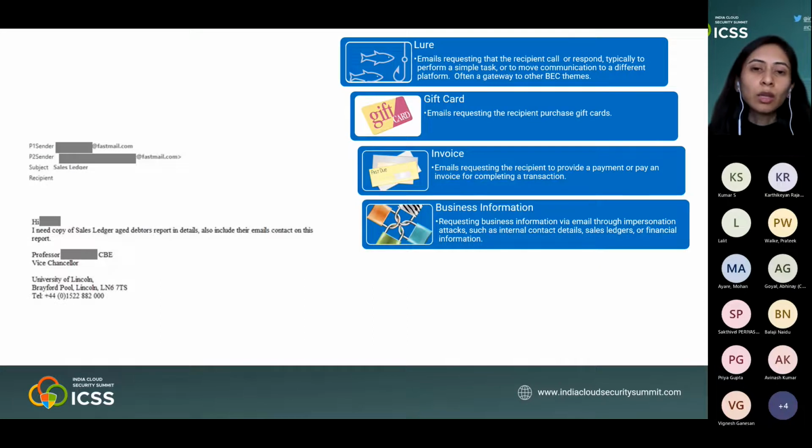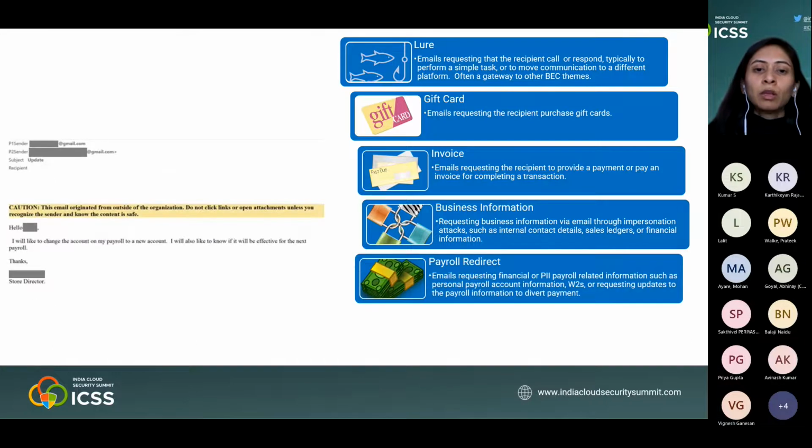Then the next one is business information, where they request info such as sales or financial information, mainly through impersonation attacks, and ask for internal contact details, sometimes saying, I need a copy of these sales details, and it should also include the email contacts within the report. So can you please send me that for such and such reason?